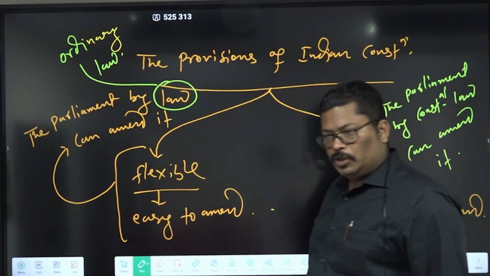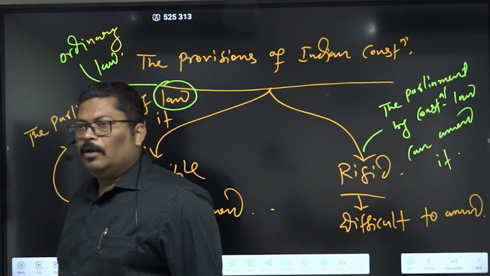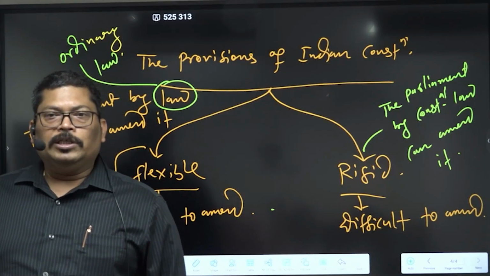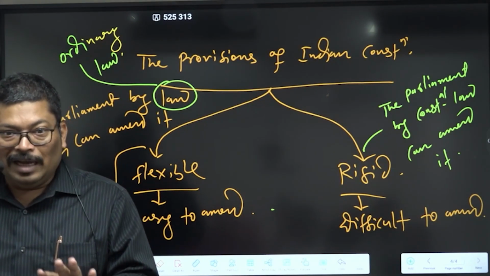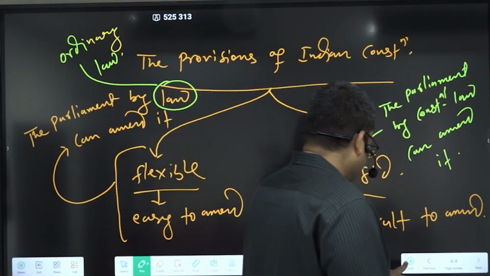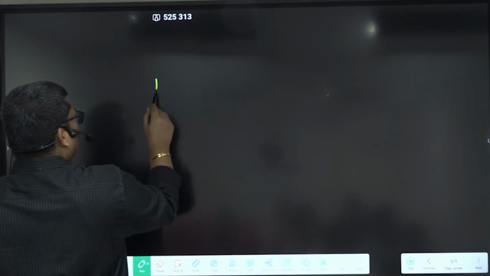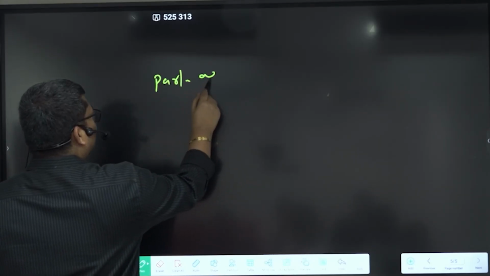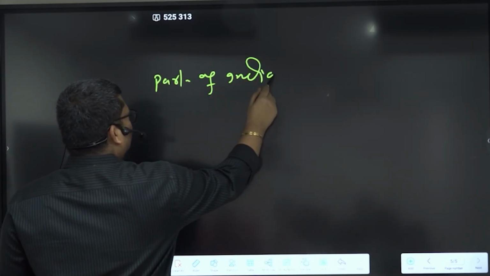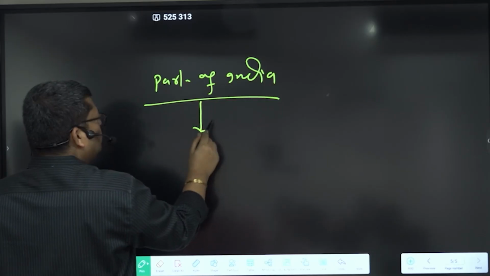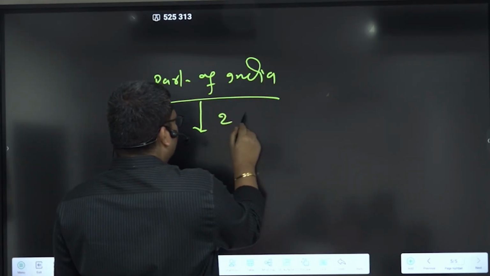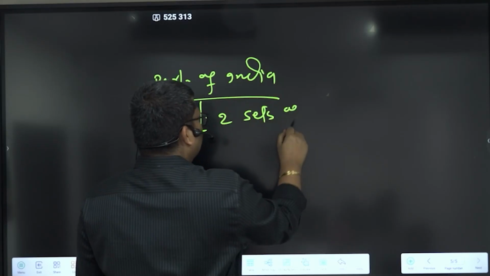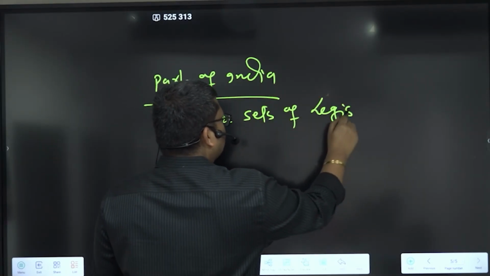We have also understood in previous classes that constitutional law is known by the name of constitutional amendment under Article 368. See, we have already seen that the Parliament of India enjoys two sets of legislative powers.